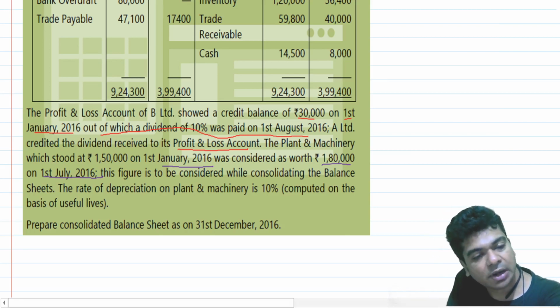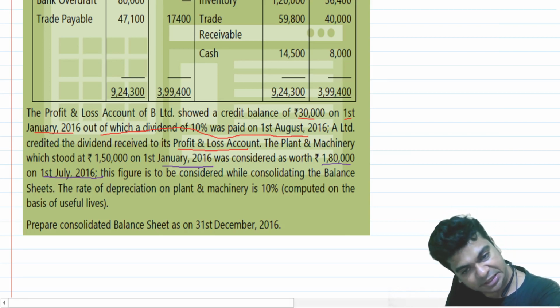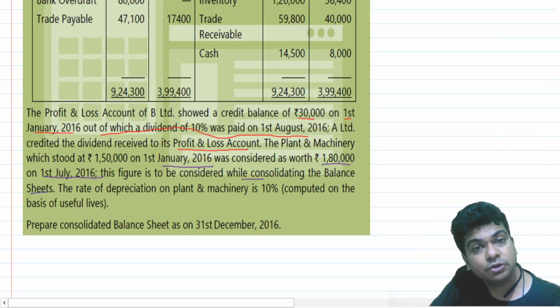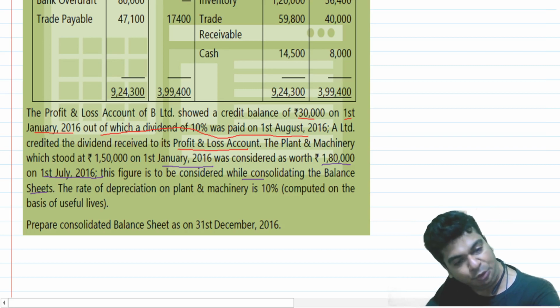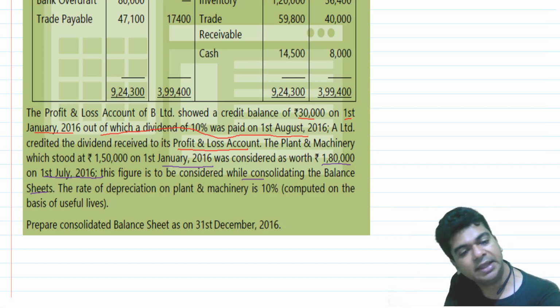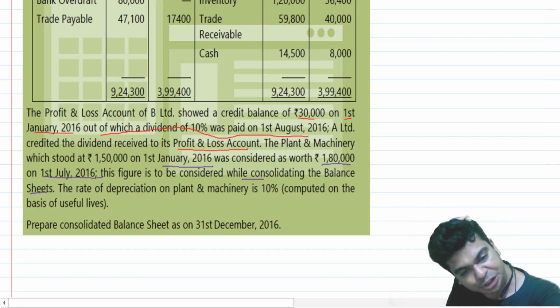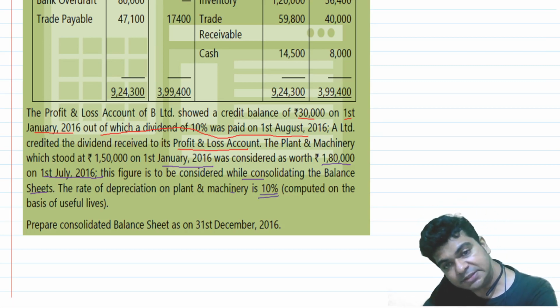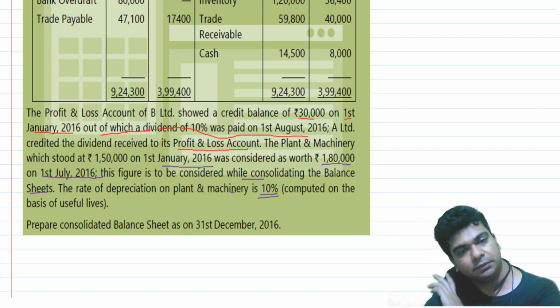They are themselves now clarifying that this figure is to be considered while consolidating the balance sheets. So indirectly, they are trying to tell us that the effect of the revaluation is still pending. And then they clarify that the rate of depreciation on plant and machinery is 10%. Prepare consolidated balance sheet as on 31st December 2016.